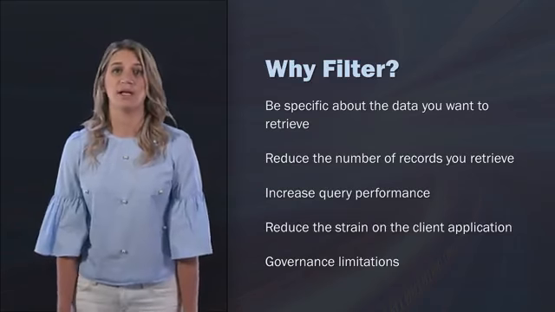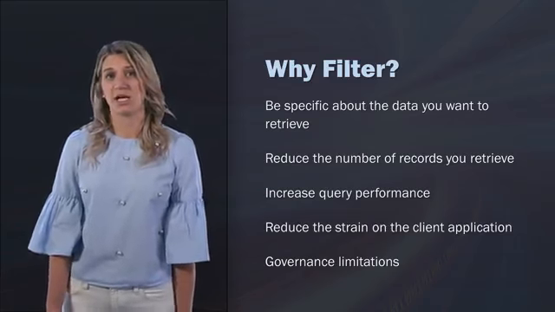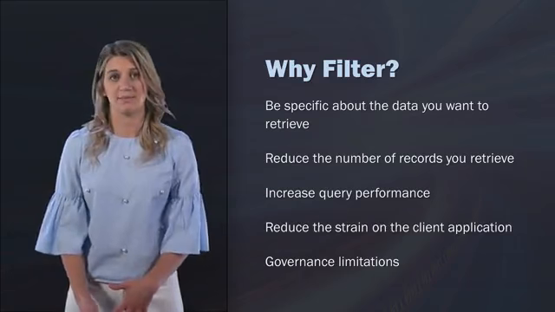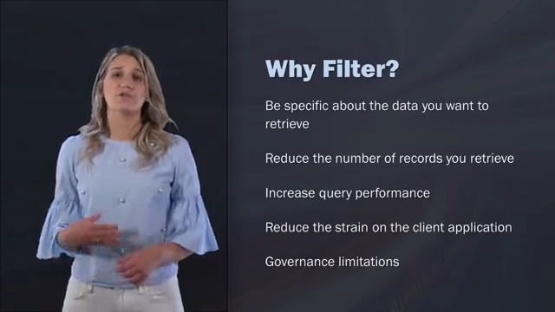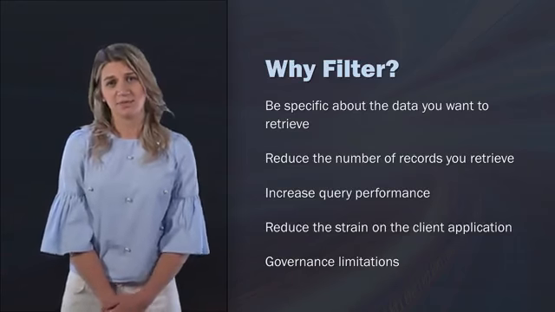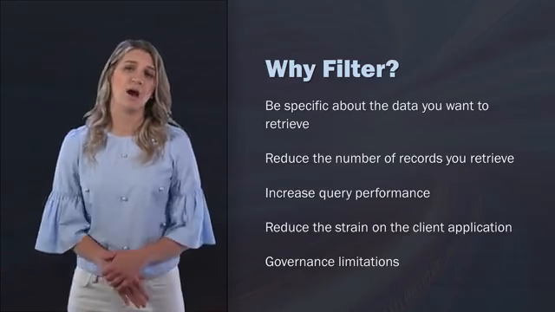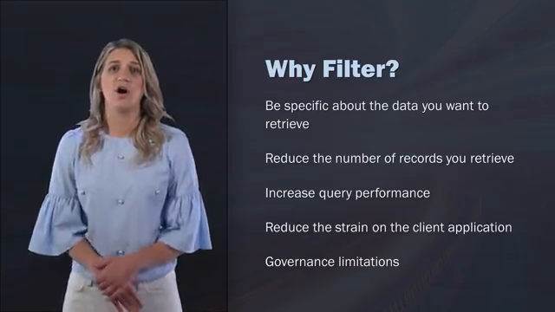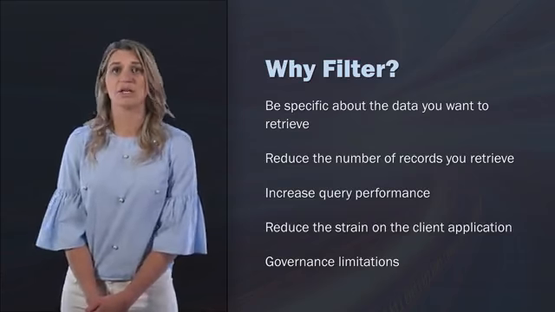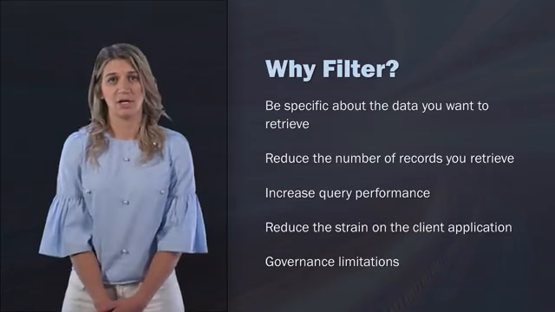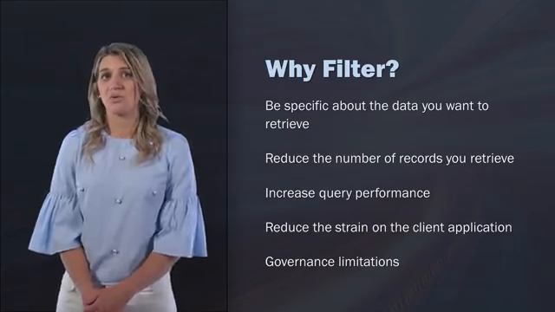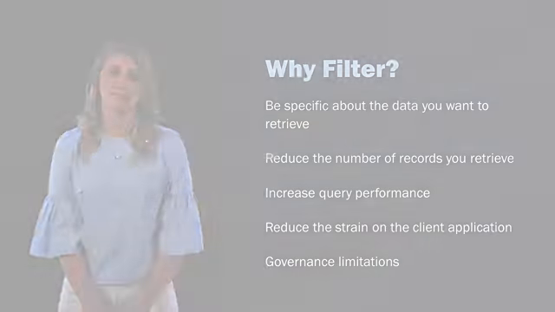Filtering before you pull it means you won't have as much data to churn through when you're analyzing it. Again, we want to push as many filters down as possible because databases are really optimized to do this. It also helps make sure that we're not straining our client application and ultimately ensures we're getting the data we want and need.